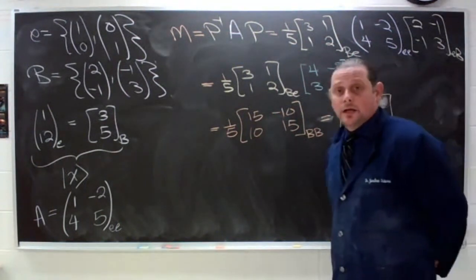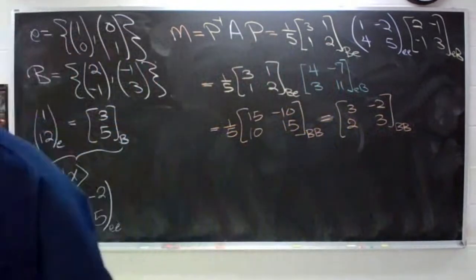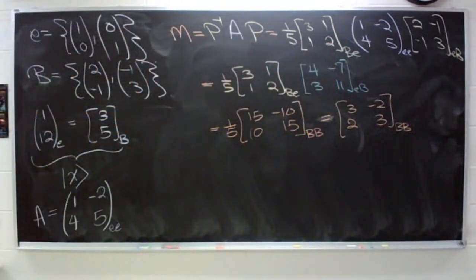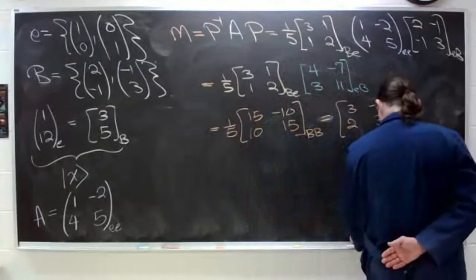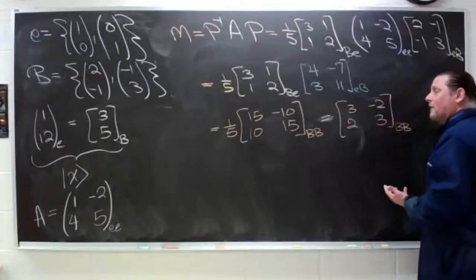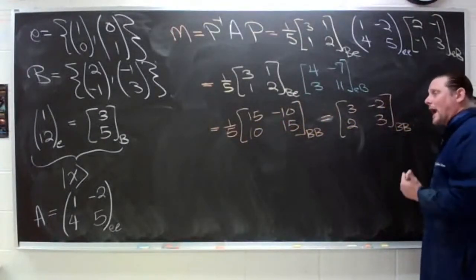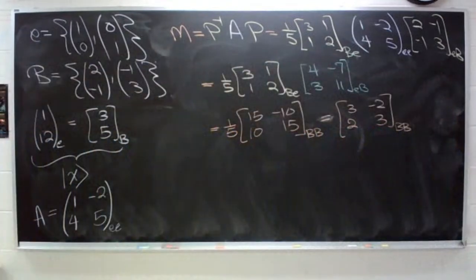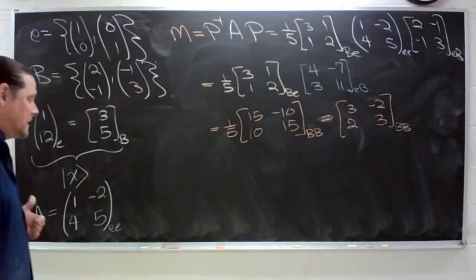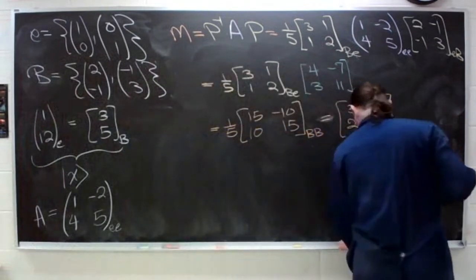We can't expect that that overall factor of 1/5 will always cancel out. That was actually an accident here. And I hope it doesn't mean that I made a mistake. But we'll check and see what happens just by verifying that it does the same thing in the B basis as it does in the E basis, as A does in the E basis.